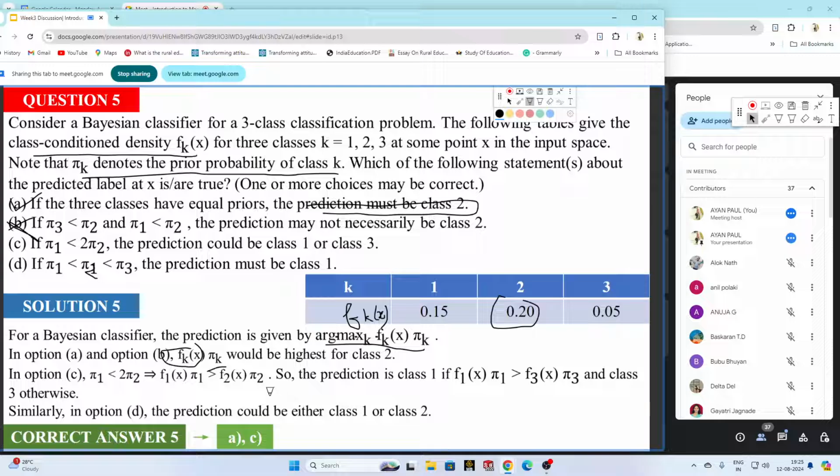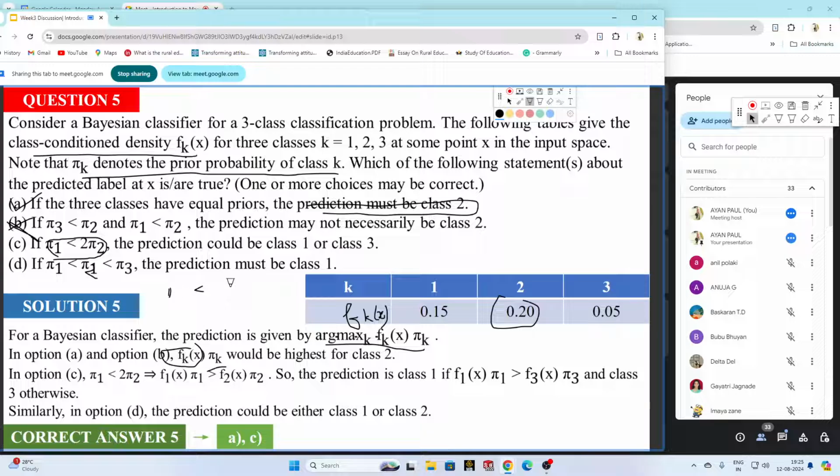So let's see, pi 1 is less than 2 pi 2. Let's say pi 1 is 1 and pi 2 is 2.